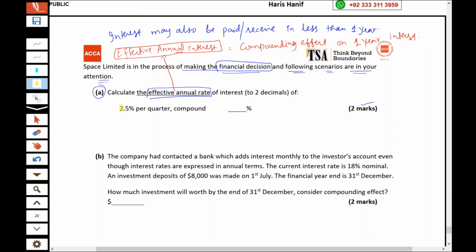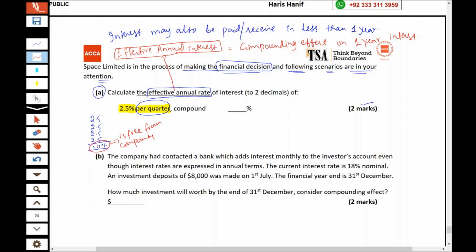See, the interest is 2.5% per quarter, and there are 4 quarters in a year. For example, 2.5, 2.5, 2.5, and 2.5. In total for 1 year, there is 10%, and this 10% is free from compounding effect.